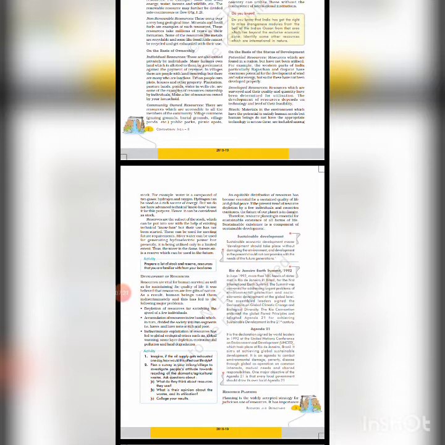All the minerals, water resources, forests, wildlife, and land within the political boundaries, and oceanic area up to 12 nautical miles, which is about 22 kilometer and 200 meter from the coast, termed as territorial water, and resources therein belong to the nation. For example, roads, canals, railways, and many more.